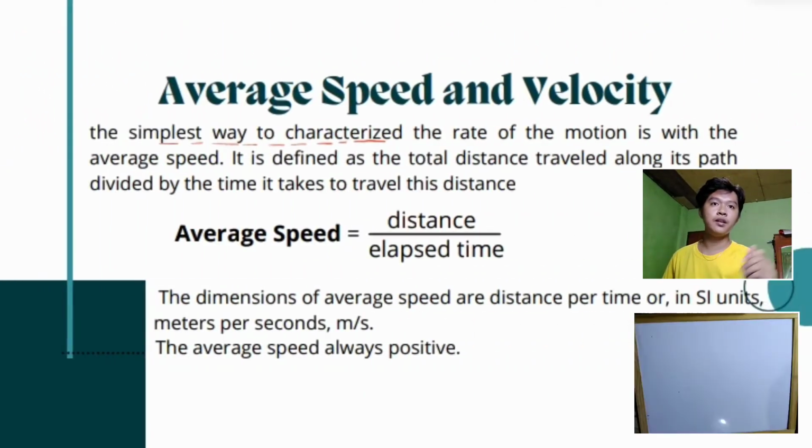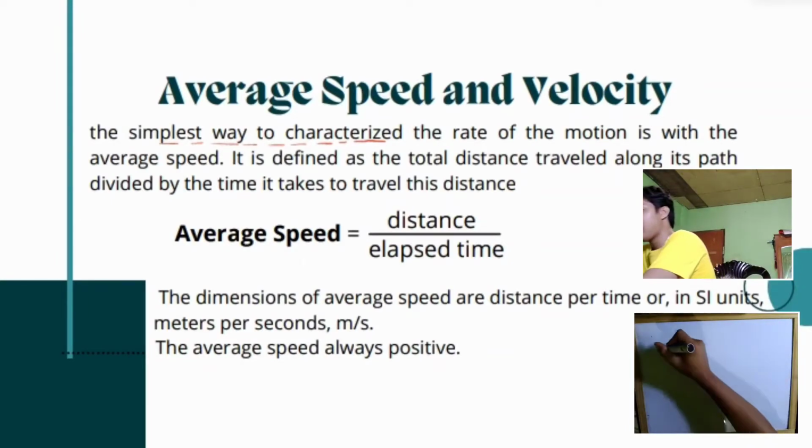So first, average speed. The simplest way to characterize the rate of motion is with the average speed. It is defined as the total distance traveled along its path divided by the time it takes to travel this distance.